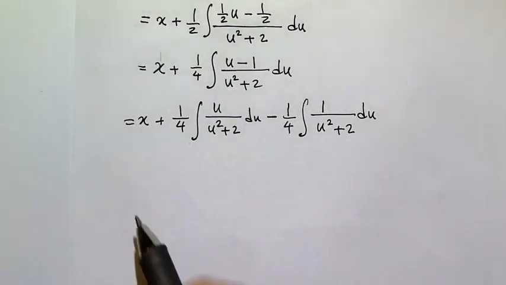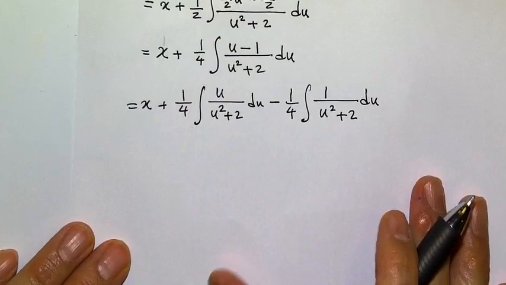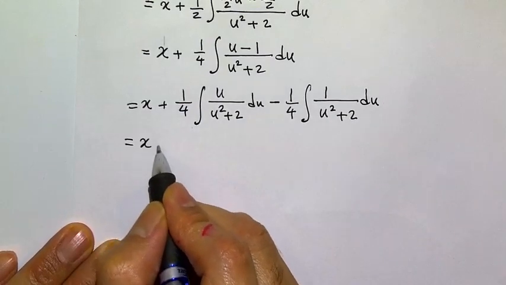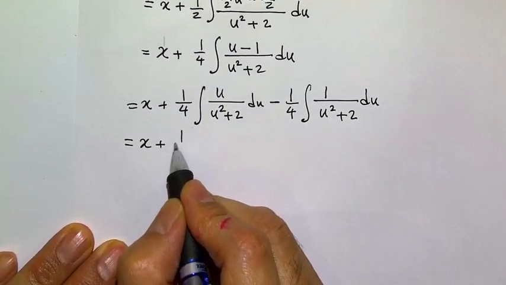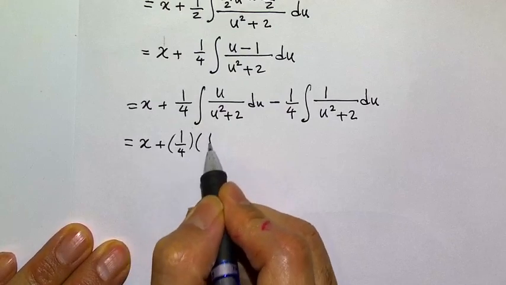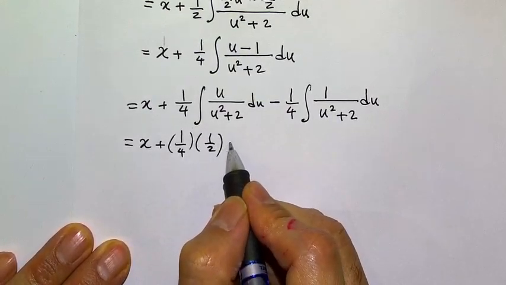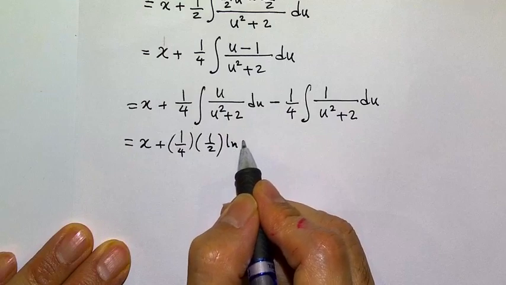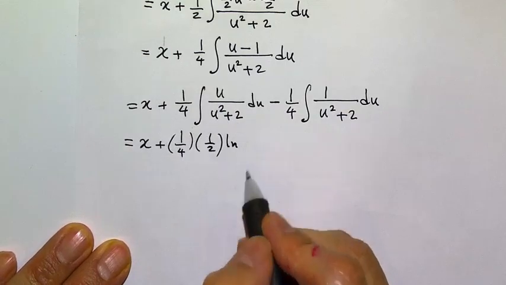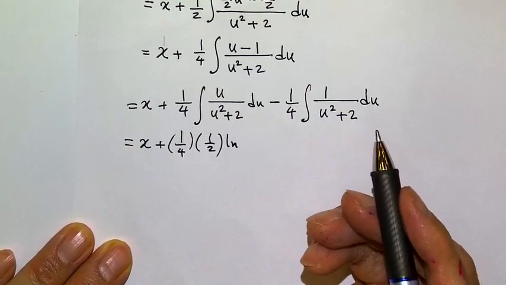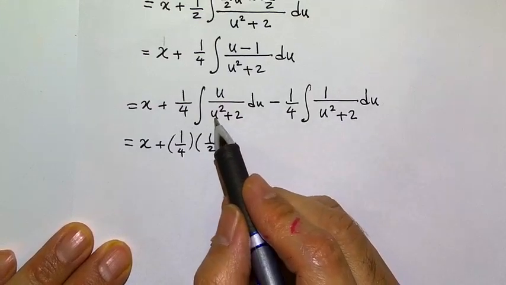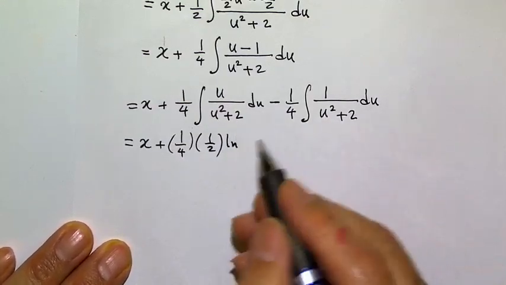So let me write that down here. So x plus 1 over 4 times 1 over 2 times natural log of, I could put it in absolute value, but it's not necessary, because u squared is always positive and 2 is always positive.